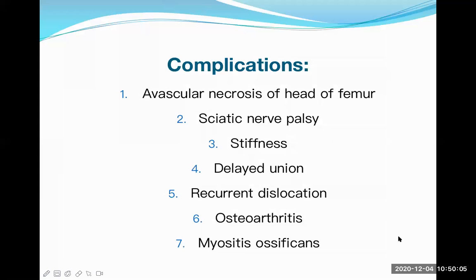Now, this is the last part of this discussion. What are the complications of hip dislocation? Most of these we have already discussed before. Avascular necrosis of the head of the femur tops the list because it is quite common, especially after 6 hours. If the treatment is done after that, the damage has already been done to the head, that is avascular necrosis.